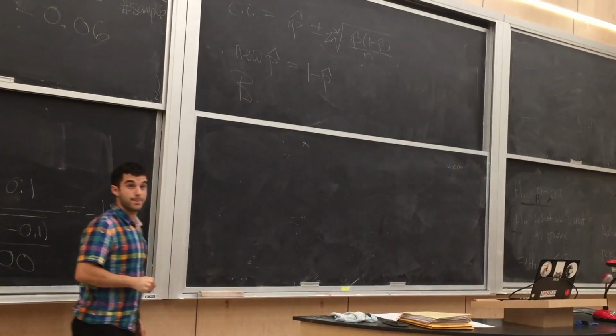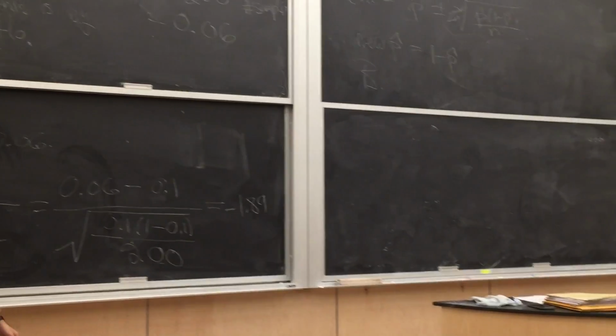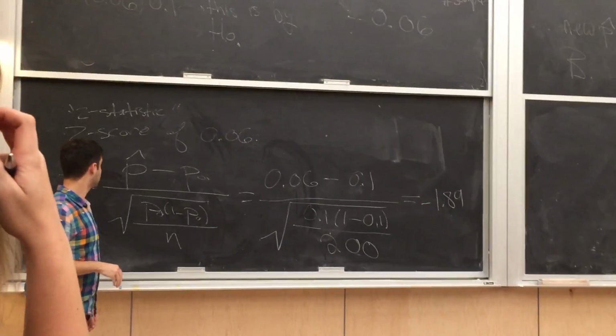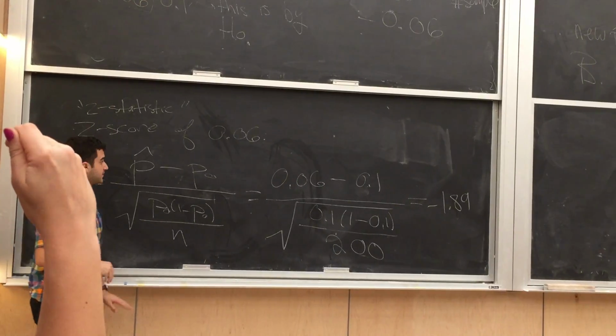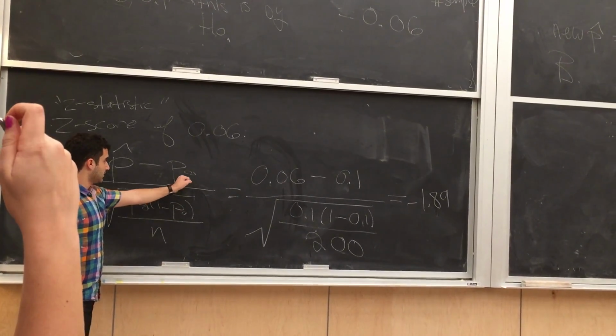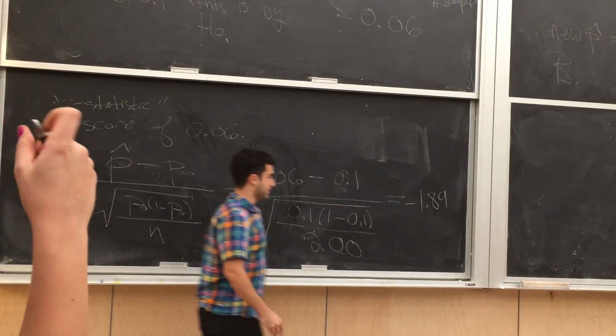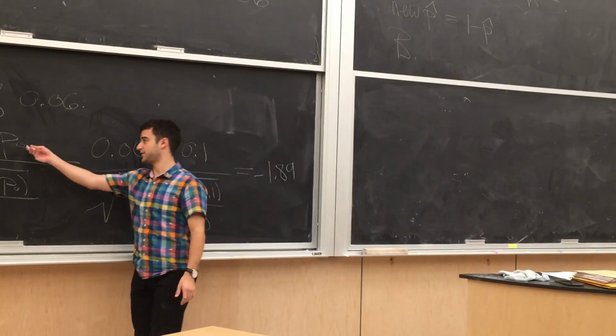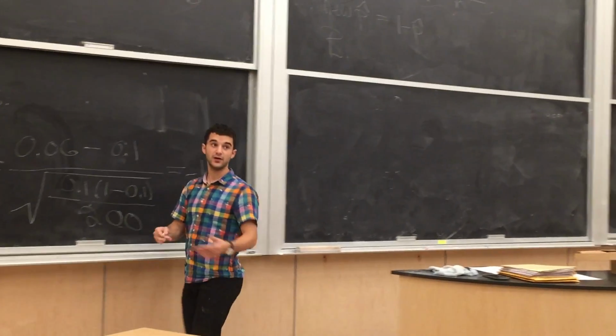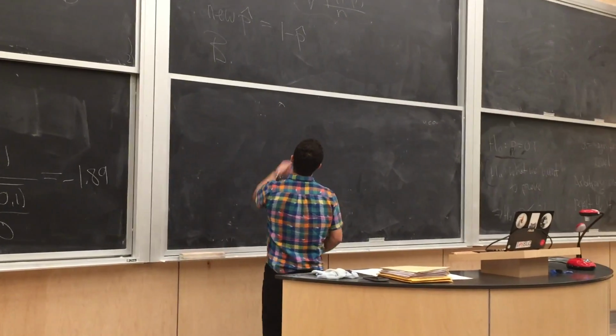Question? When you're calculating the z-statistic, it's p naught, and when you're calculating the confidence interval, it's p hat? Yeah. When we're computing z-statistics, we have p naughts everywhere, and when we're computing confidence intervals, we have p hat in the formula.